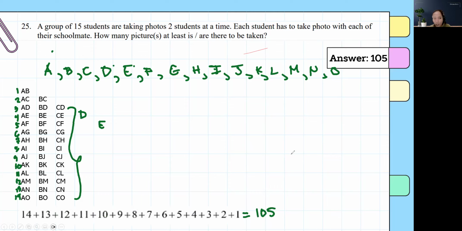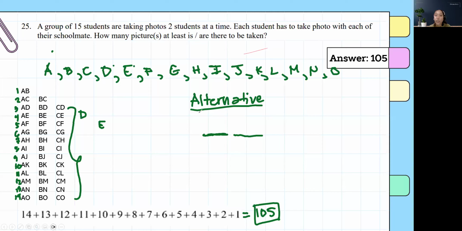But another way, a shortcut method, would be this: you can only take photos of two students at a time, right? So let me present an alternative method. You have two students, so let's put two lines to indicate that we have two students at a certain time. How many pictures are needed to be taken? In this method, you need to know how many options you have, how many students.